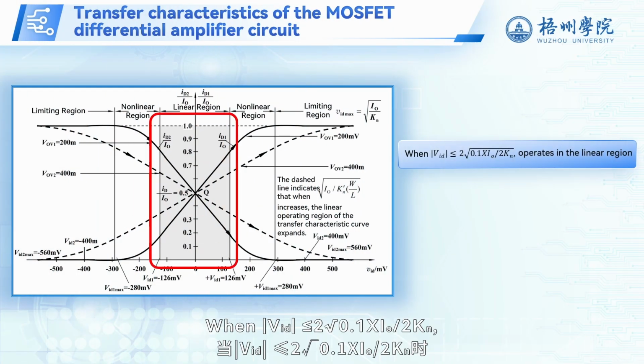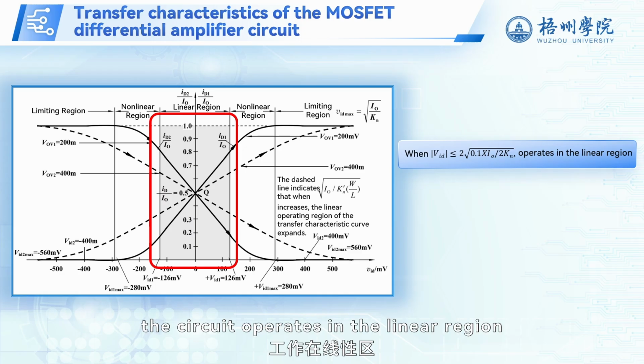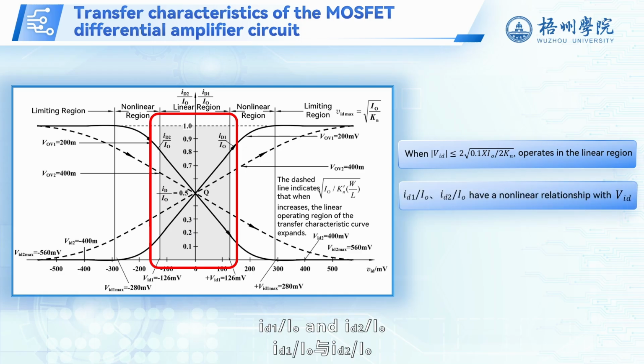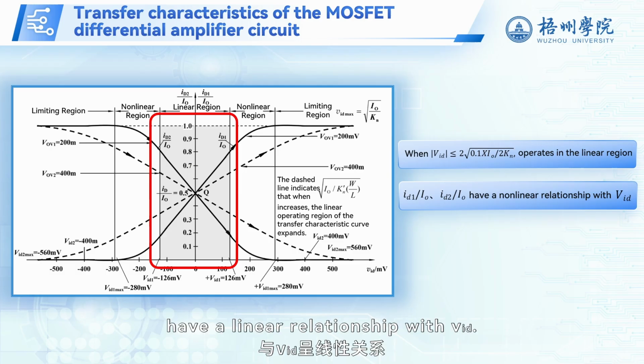When the absolute value of V_ID is less than or equal to 2 times the square root of 0.1 times I_O divided by 2K_N, the circuit operates in the linear region, the gray area in the figure. Within this range, I_D1 over I_O and I_D2 over I_O have a linear relationship with V_ID.